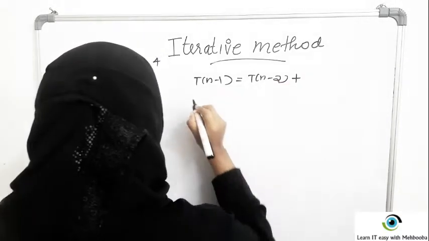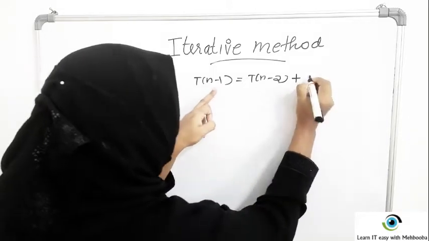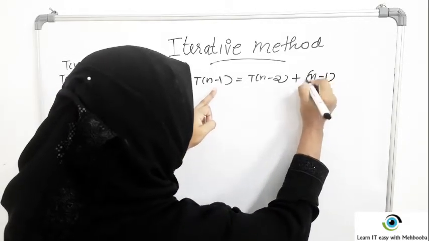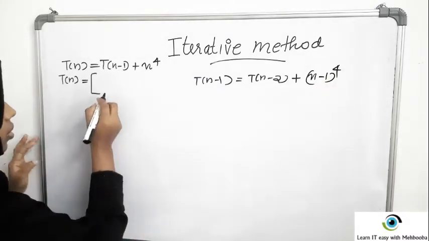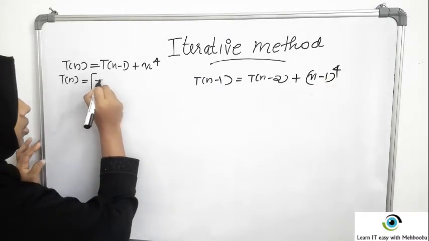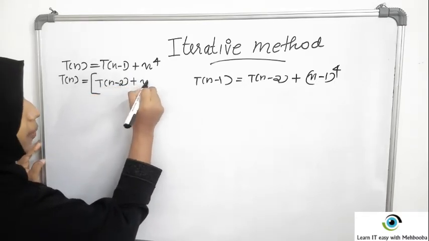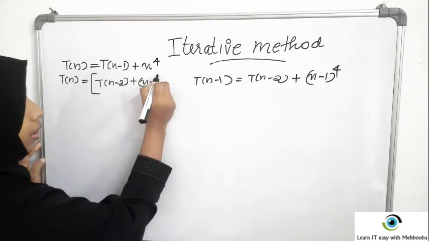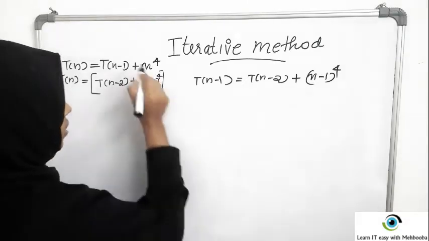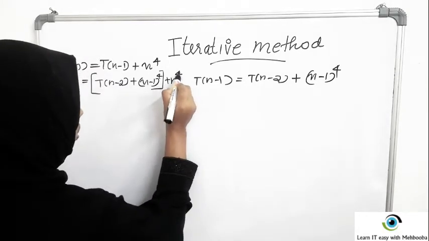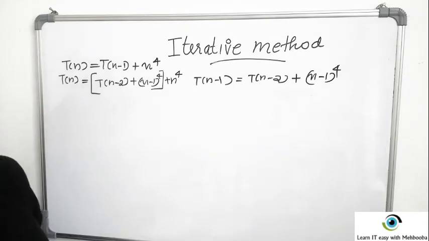If it is n minus 1, this should definitely be n minus 1, the whole raised to 4. 4 being a constant is unaffected. So T of n minus 1 is T of n minus 2 plus n minus 1, the whole raised to 4. Okay. Plus this n raised to 4, because this part was simply T of n minus 1.